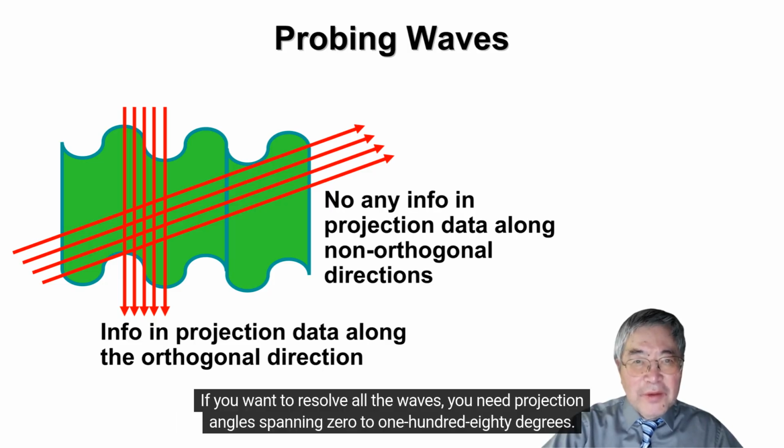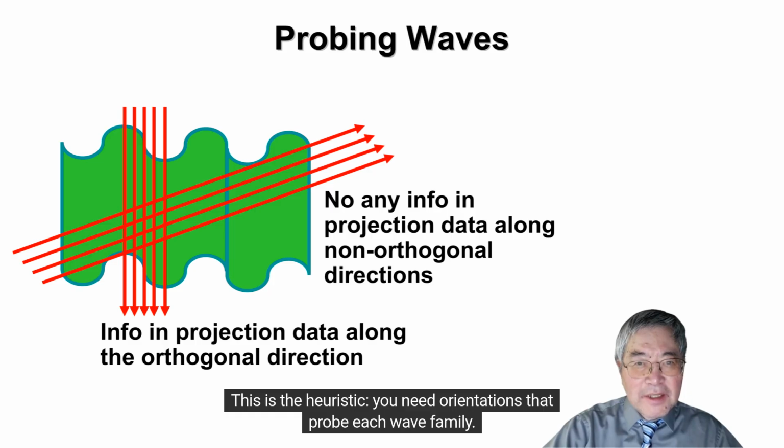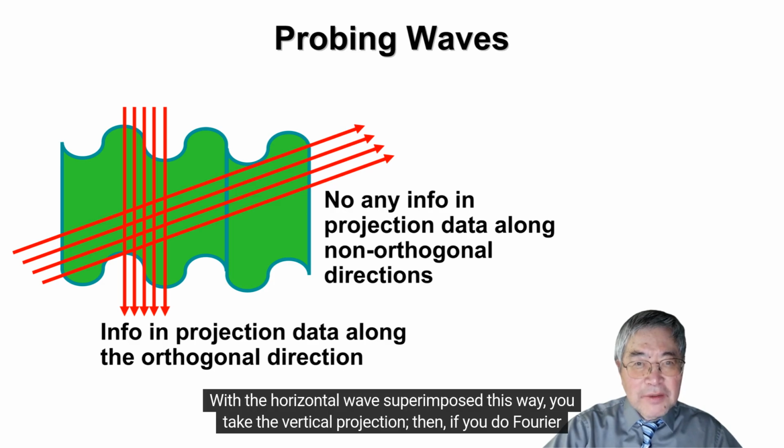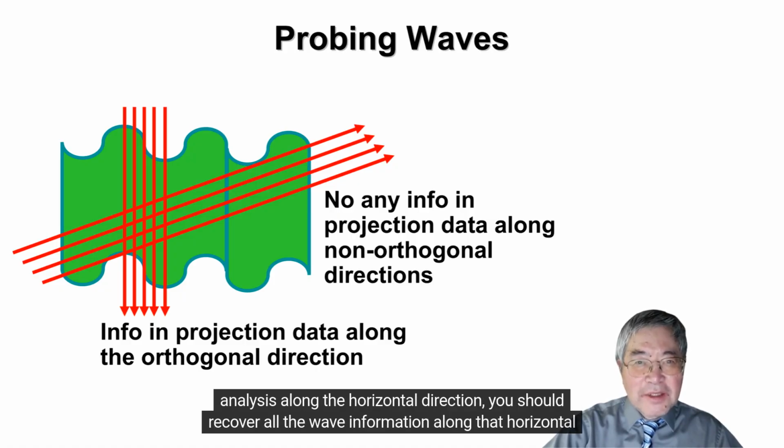If you want to resolve all the waves, you need projection angles spanning 0 to 180 degrees. This is the heuristic. You need orientations that probe each wave family. With the horizontal wave superimposed this way, you take the vertical projection, then, if you do Fourier analysis along the horizontal direction, you should recover all the wave information along that horizontal direction.